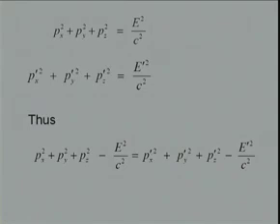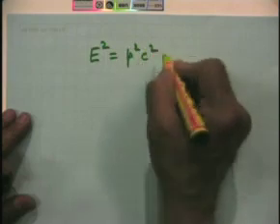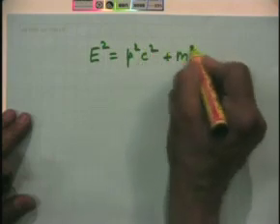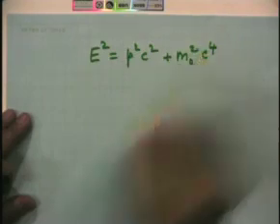Now, you have the energy and momentum, where the energy is related to momentum as E square is equal to P square C square plus m naught square C to the fourth. For the photon, the rest mass is 0.